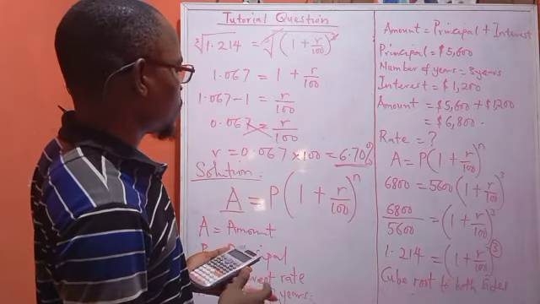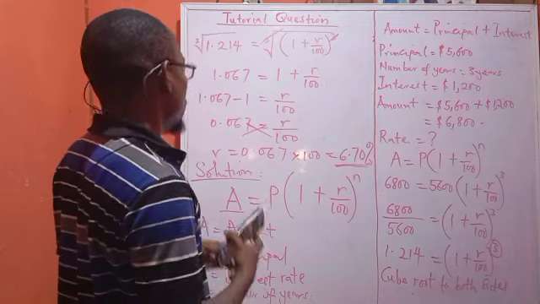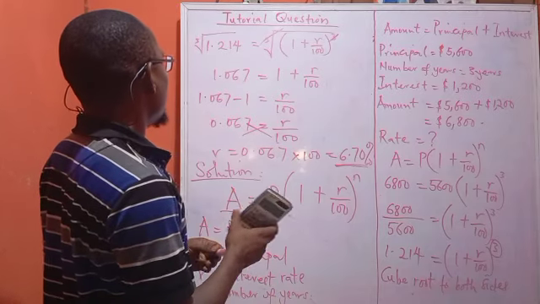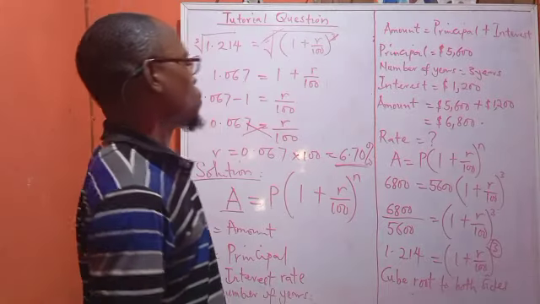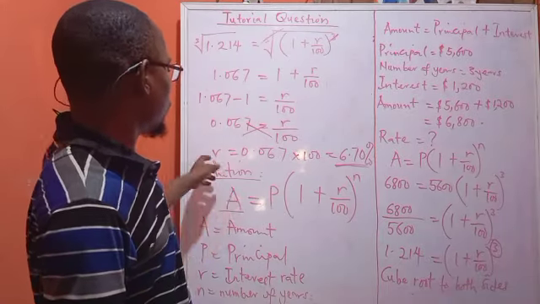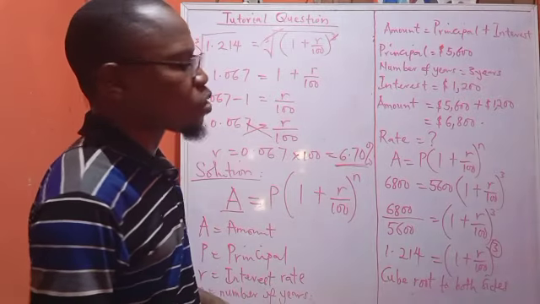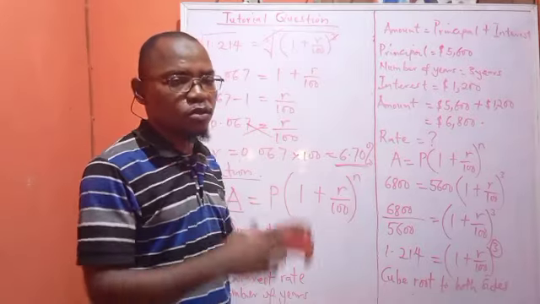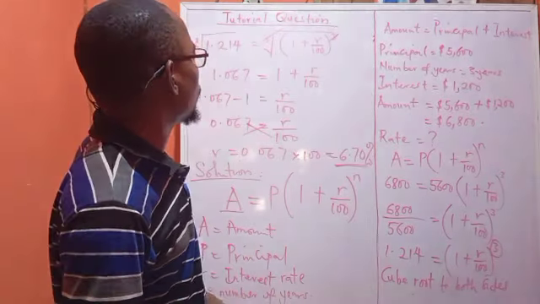That's in 3 significant figures. This is my value for the rate that we had to look for, the interest rate of that compound interest on the value that was invested into the business.